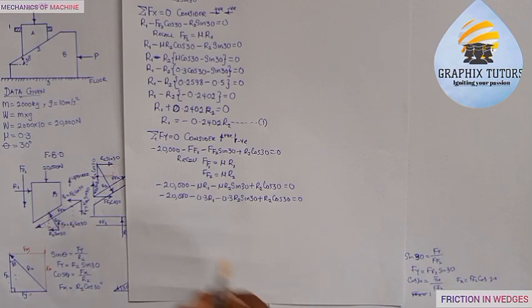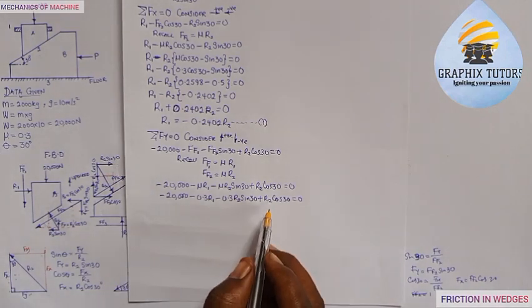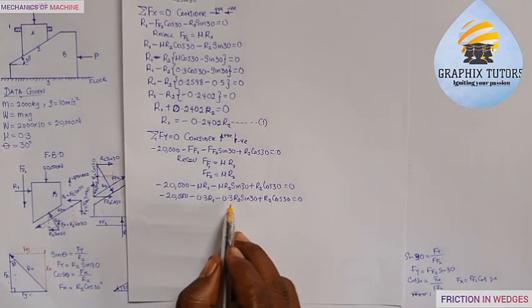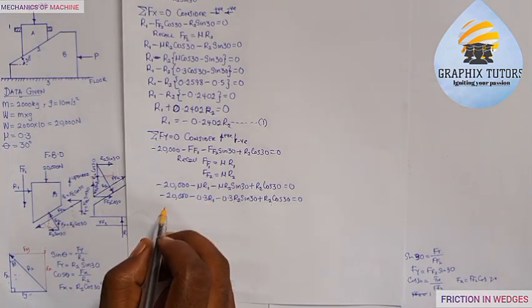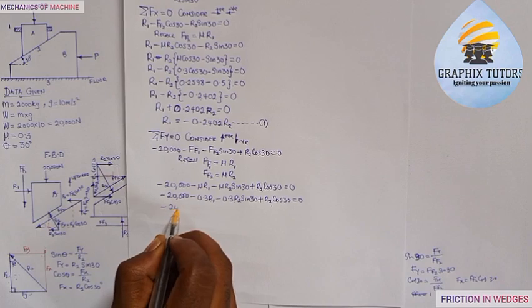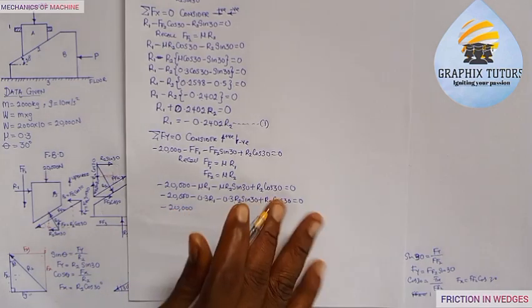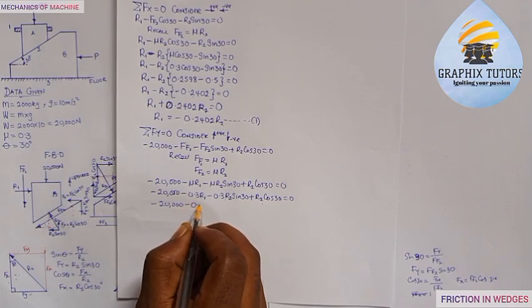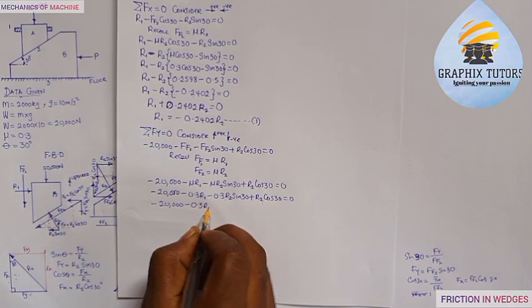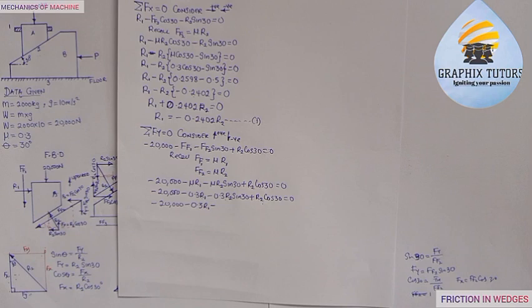So if you implement that, we have R2 here, and we also have R1 here, right? So what I'll just do is I'll be having minus 20,000 is minus 0.3 R1 minus 0.3 sine 30, well, 0.3 sine 30 will be 0.15.